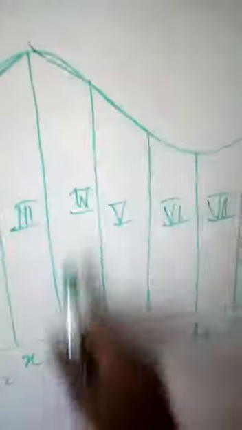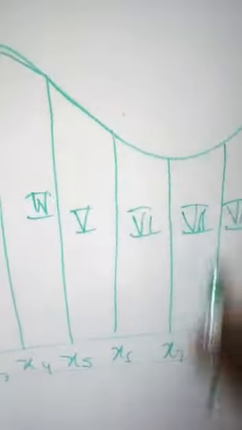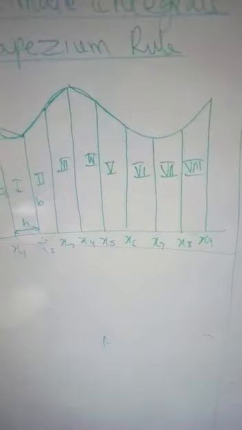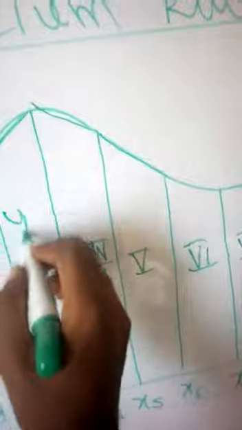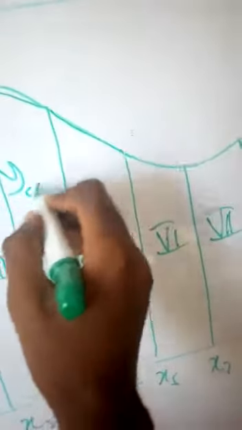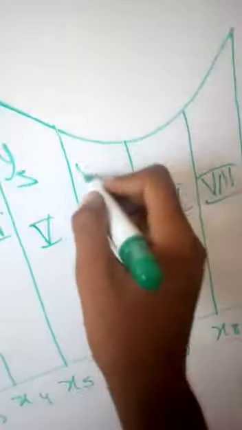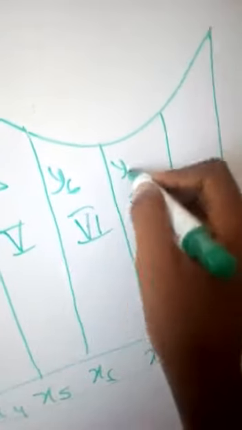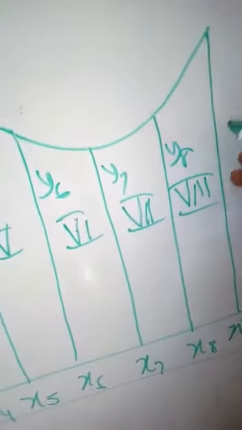So the height of each line is the value of y at various values of x. That means line 1 will have value y1, line 2 value y2, line 3 value y3, y4, y5, y6, y7, y8, y9.